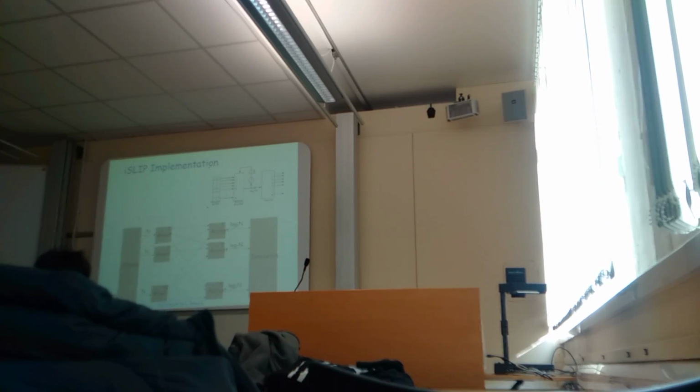How many bits do I need to encode 4 inputs? 2. If I have 8, how many bits? 3. So it's log N. That's why it's log N. Good. The accept phase works in the same way. It's exactly the same. And then it gives log N bits, and that's the decision register.